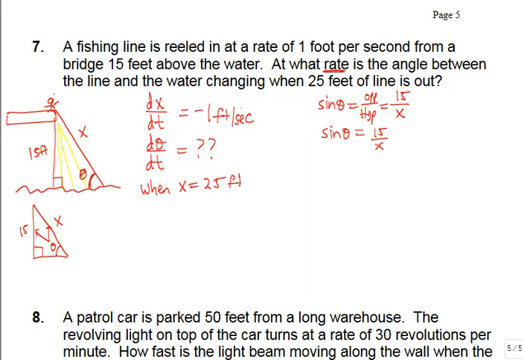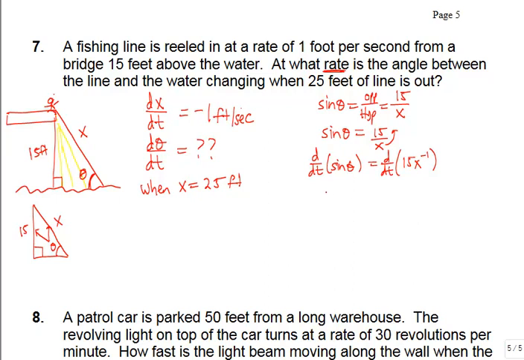So now that we have our equation relating the variables, we want to take derivatives to relate the derivatives. We're going to take the derivative with respect to t of both sides. So the derivative of sine theta and the derivative of 15 over x. Just planning ahead a little bit, we know that we're going to want to take the derivative of 15 over x. It's probably easier to do that if we move that x up to the top and make it a -1 exponent.